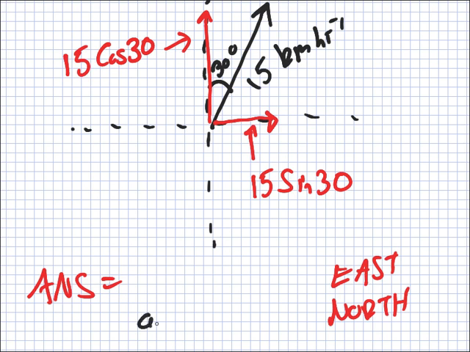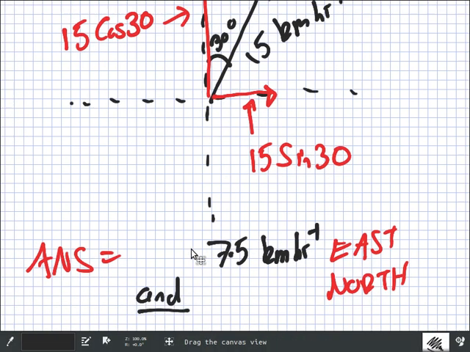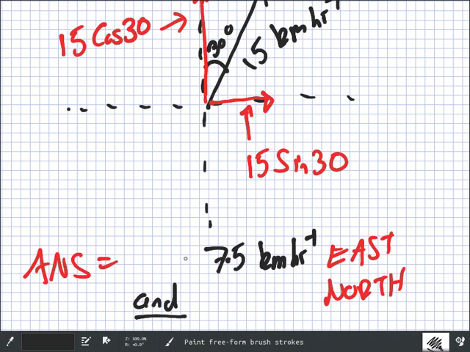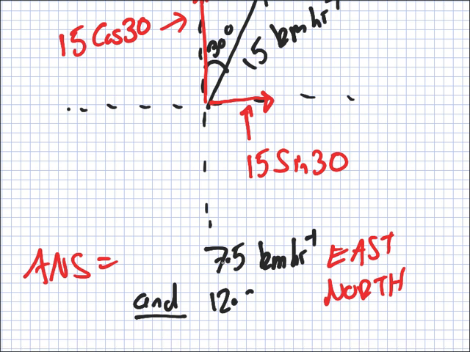East is 7.5. 7.5 kilometers per hour east, and north is 12.99, so 13.